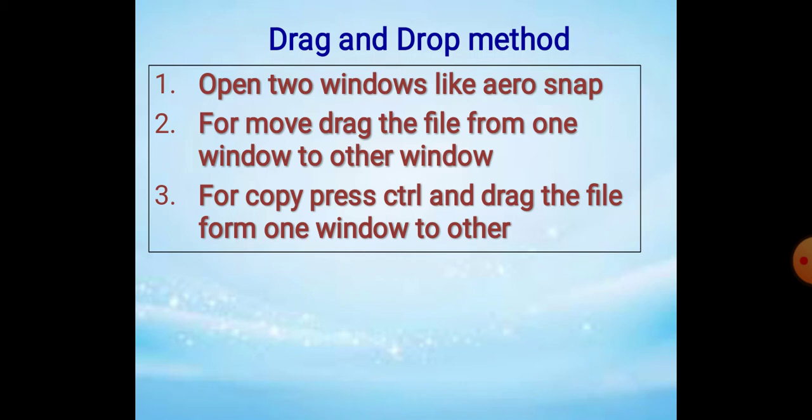So when we drag a file from one window to another window, it will move the file. But if we want to copy, then first we have to click on the file, continuously press the Ctrl key, and then drag the file to the other window. So this will create a duplicate copy of the file and folder. So these are the methods to copy or move a file.